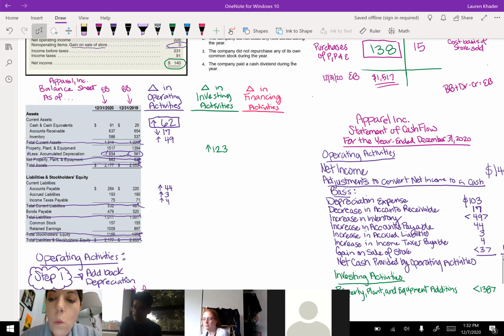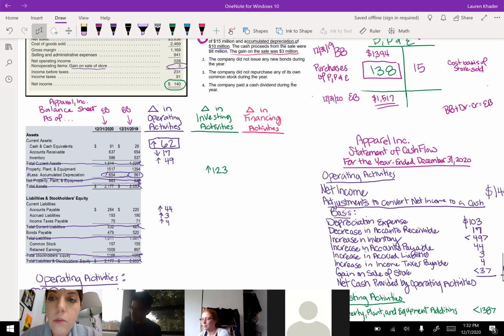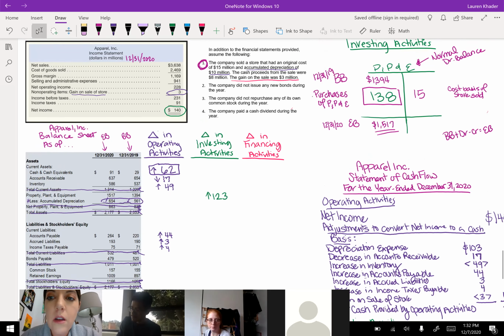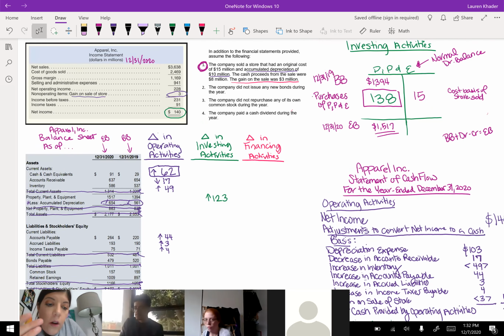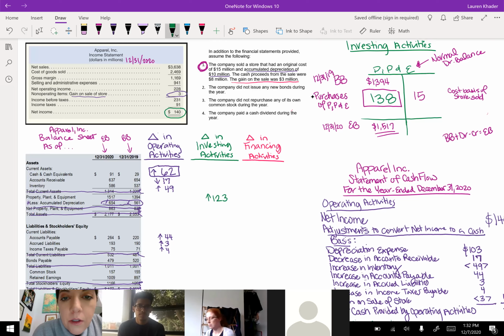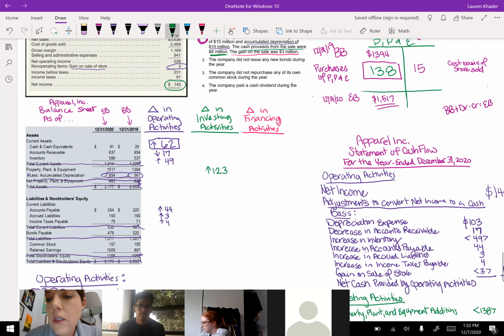So what else do we have related to property, plant, and equipment? We have those additions, but we also have cash flow from the sale, right? So we need cash proceeds from the sale of $8 million. So we're going to write proceeds from sale of store.